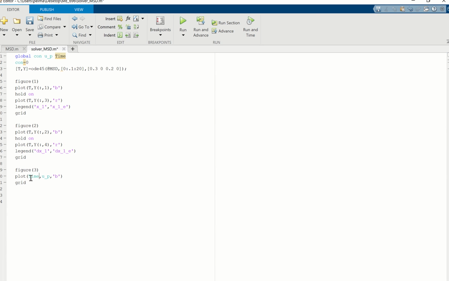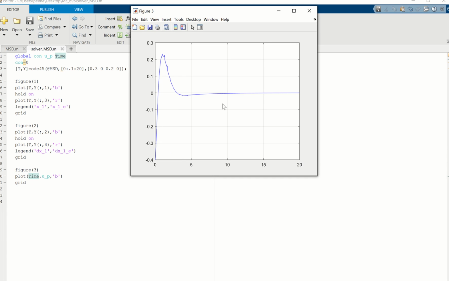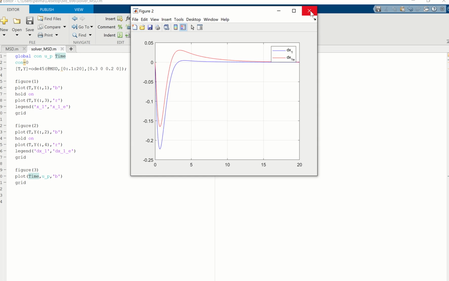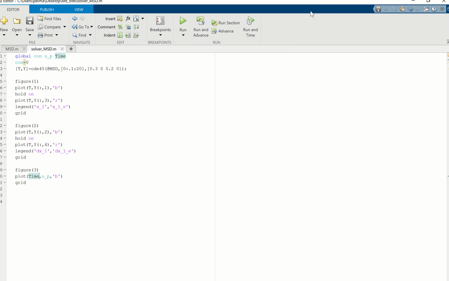So here is time. Here we go. See, this is the control input based on the observer, because u is equal to minus kx hat. See that this has kind of sharp edges because it's estimating. Understand? So I'm going to stop it here because I'm going to develop this code more and more. Okay.